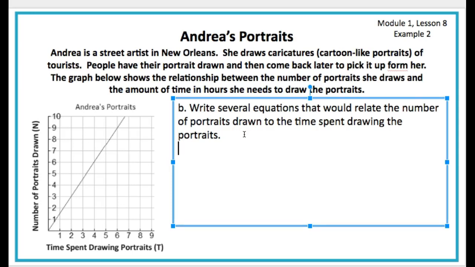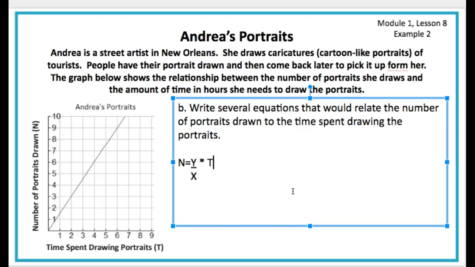So if we took a look at this, n, our number of portraits, is equal to y divided by x times t.